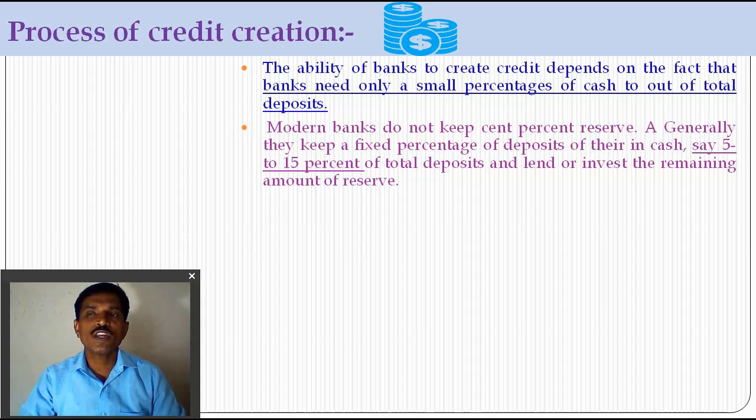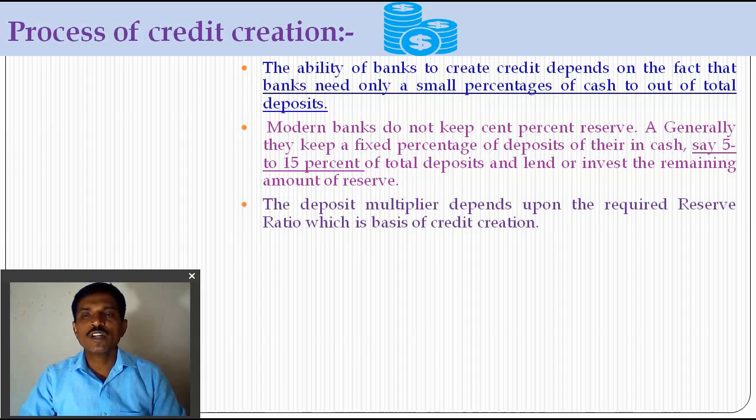Generally 5 to 15% cash is held by the bank, and the other money is given as loans to others, and this function creates a multiple expansion of money. The deposit multiplier depends upon the required reserve ratio, which is the basis of credit creation.